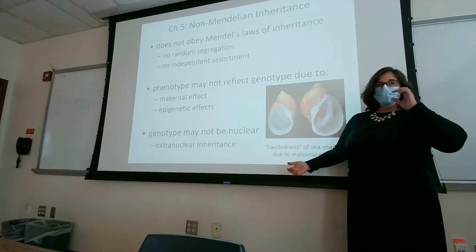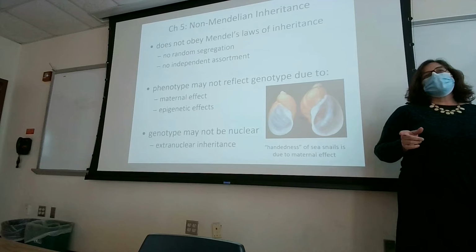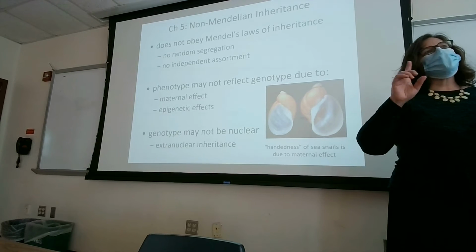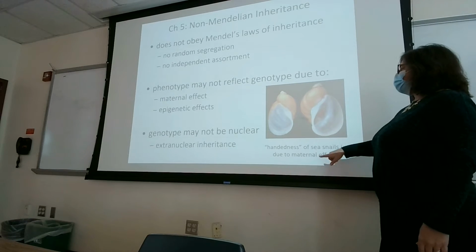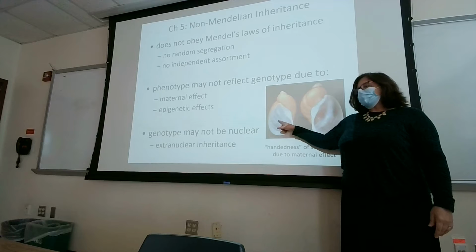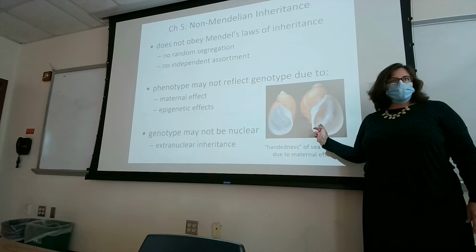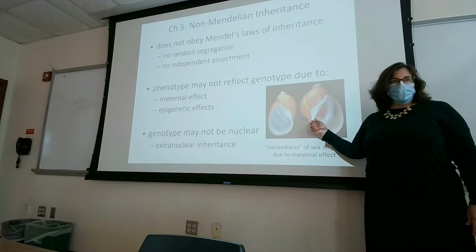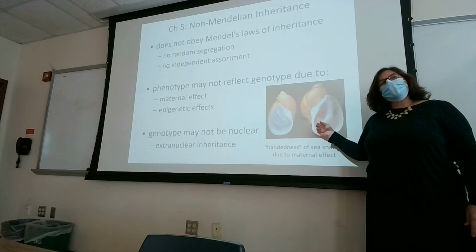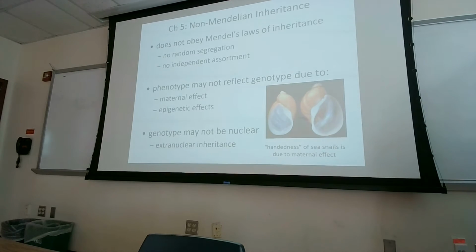The handedness, whether it's left or right, is not a genetic trait in the individual. It is a maternal effect, meaning that the phenotype of these two snails has nothing to do with their genotype, and 100% to do with what their mother's genotype was when that egg was developing. We'll go through that in a little more detail.